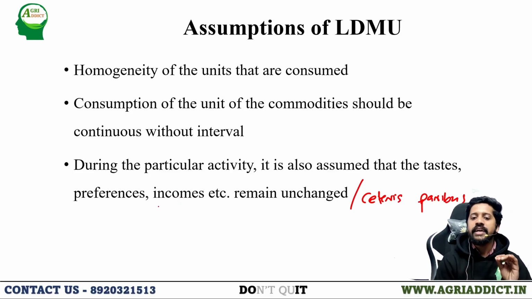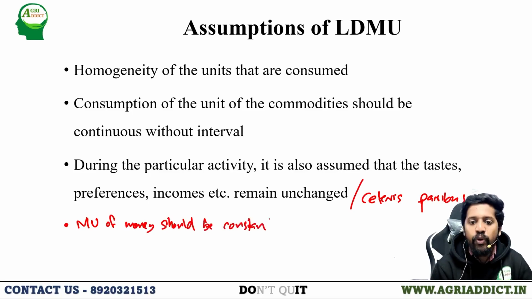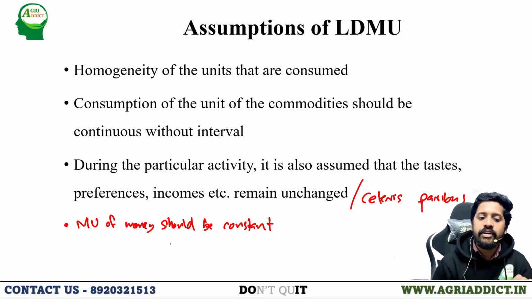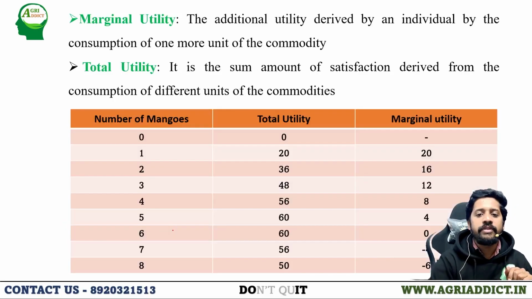Everything has to remain constant. Another important assumption of the cardinal utility approach also applies to the law of diminishing marginal utility: the marginal utility of money should be constant throughout the consumption process. So these are the basic assumptions of the law of diminishing marginal utility.